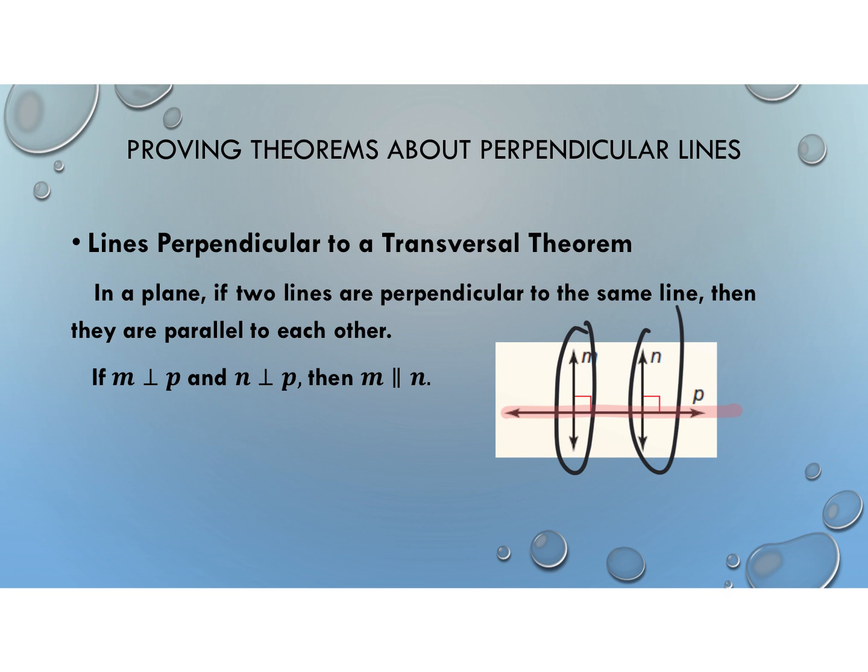Think of it in the sense of this room: let's say the front wall of the classroom is touching the floor, and the floor is the other line. The back wall of the classroom is also perpendicular to the floor. But the two walls across from each other are never going to touch because they're both perpendicular to the floor.